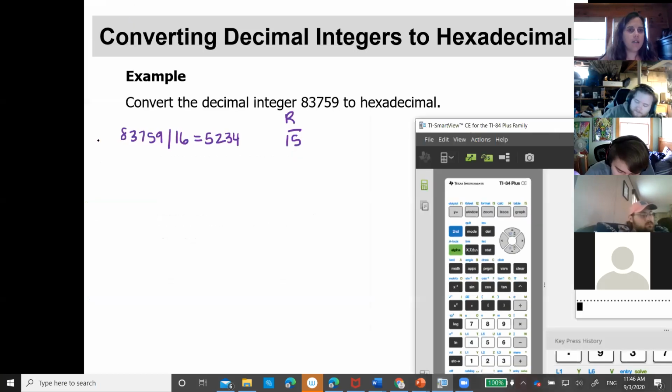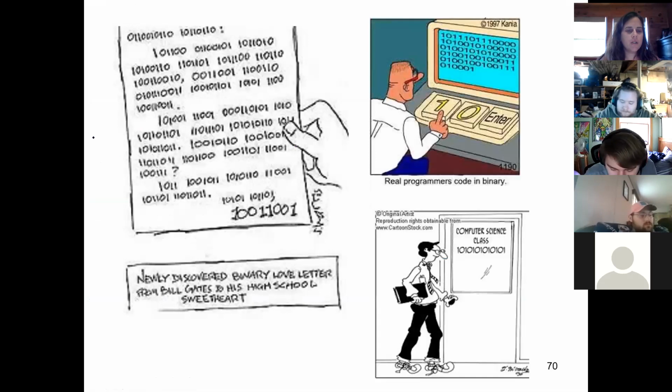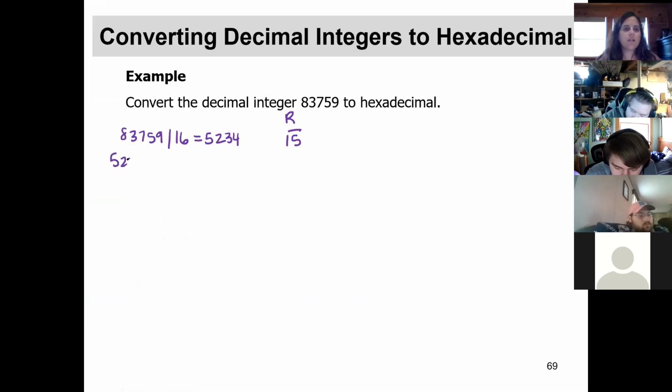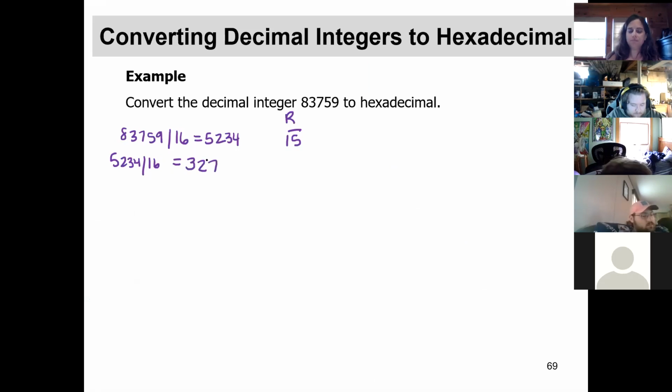So now we've got to take the 5,234 divided by 16, and you get 327. The remainder here, when you get it, let me know the remainder.